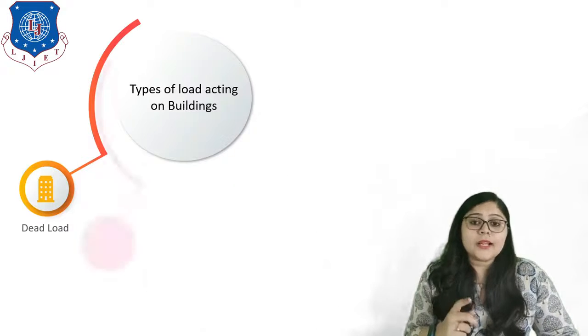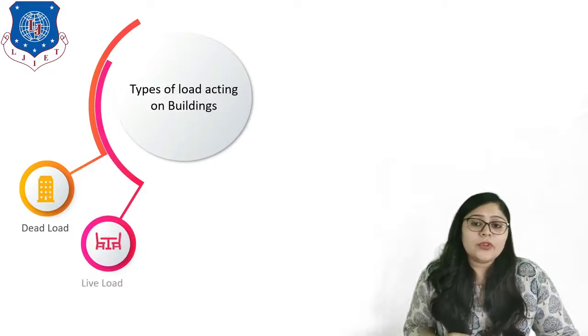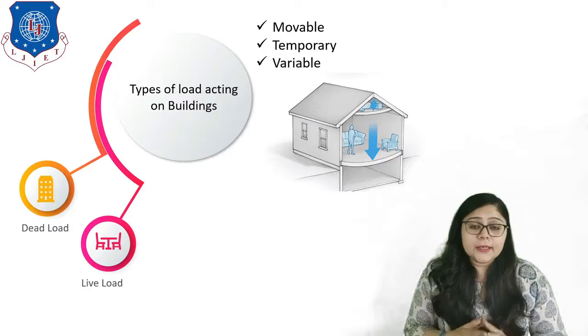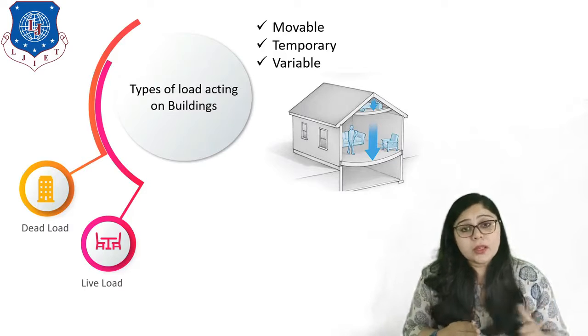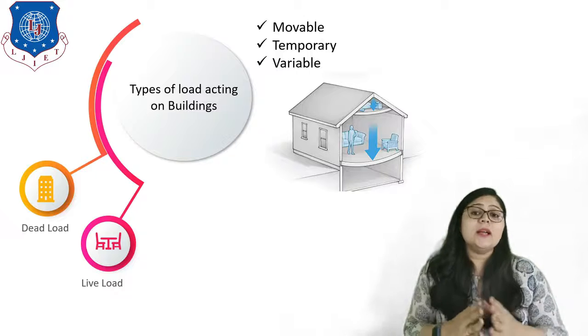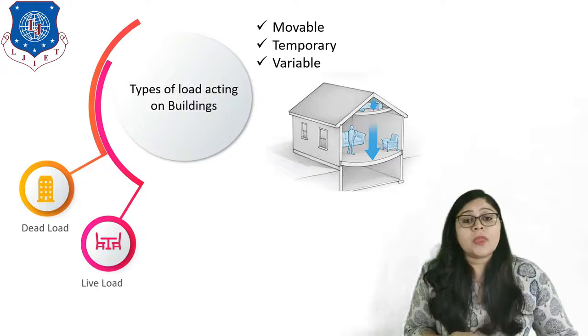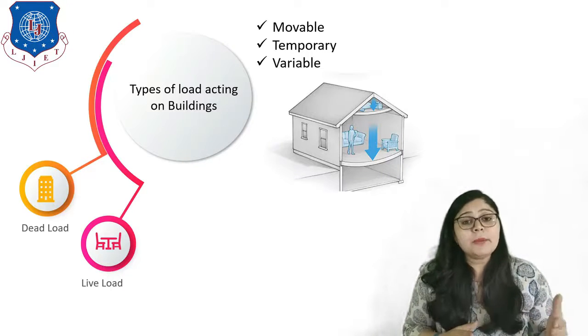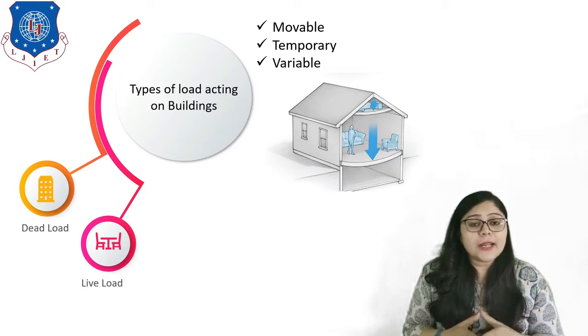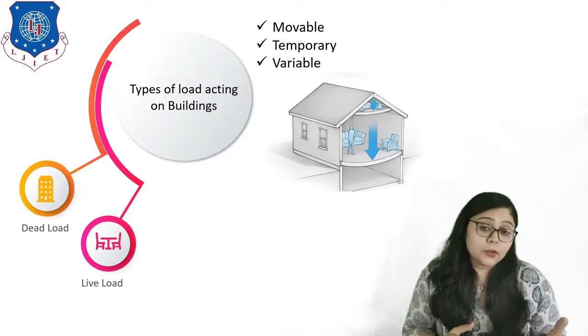Now let's move to the second one, which is live load. So what is live load? A load which is movable, temporary and variable is considered live load. The people who are living or working in that particular building are considered live load.